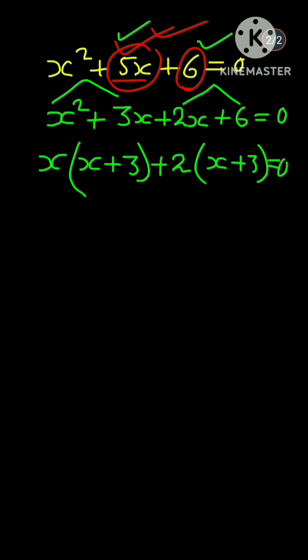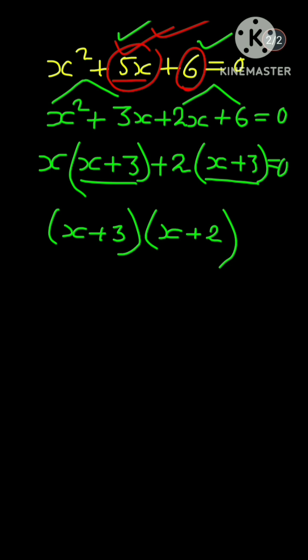And here we can see x plus 3 is common, and here remains x plus 2. Now x plus 3 make it equal to 0, then we obtain the value of x, that is minus 3.